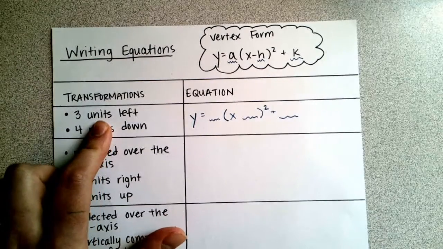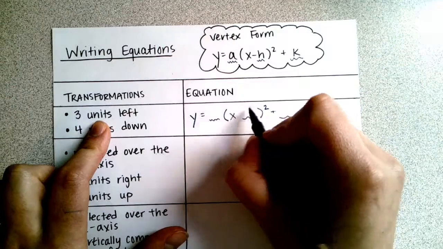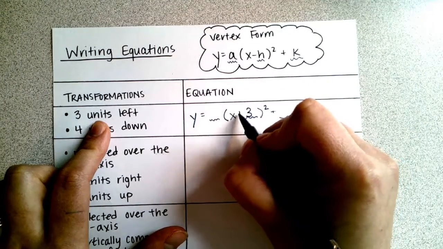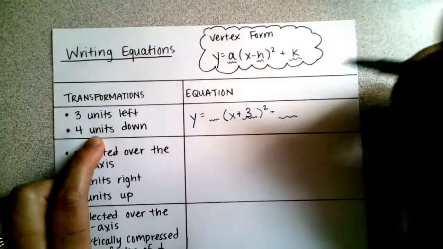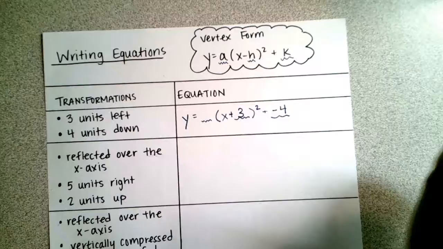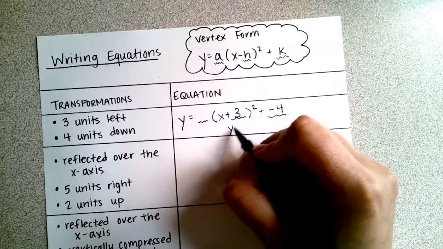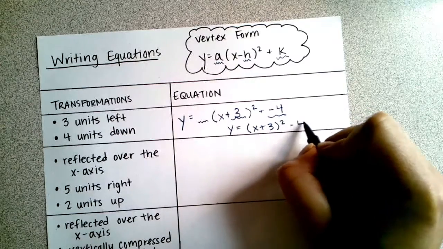A transformation of 3 units to the left, that goes inside the parentheses with the x. And since it's going left, we need a positive, so x + 3. Transforming 4 units down would be -4. So just a cleaner way to write this would be (x + 3)² - 4.